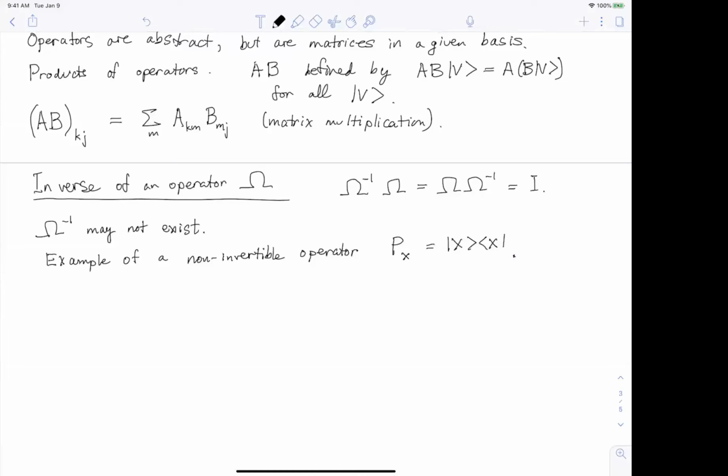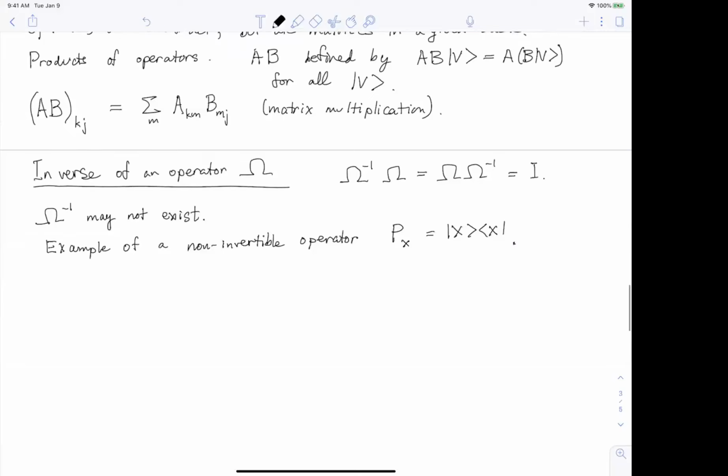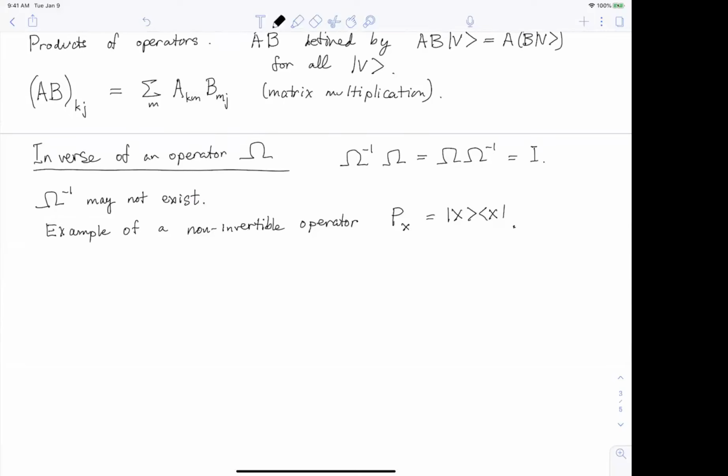So more generally, a way to see whether an operator has an inverse is this: let's say I take the matrix for an inverse operator, assuming for the moment that it does exist.